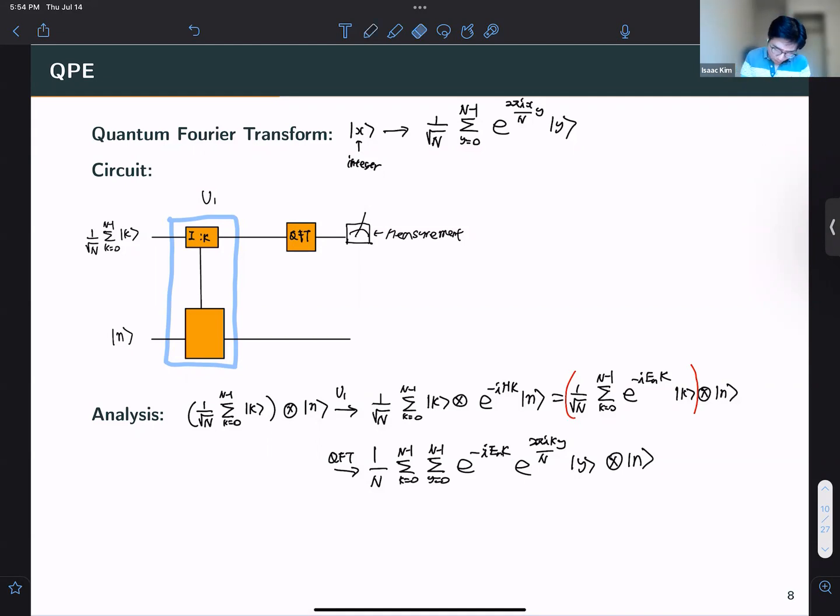Then we exchange this sum, which is totally possible because both sums are finite.